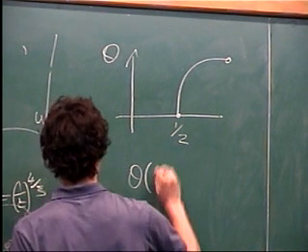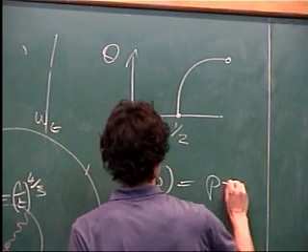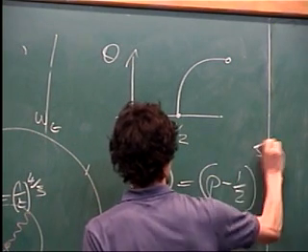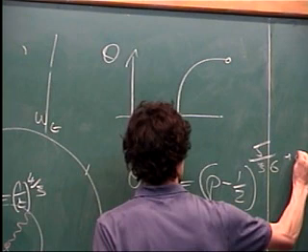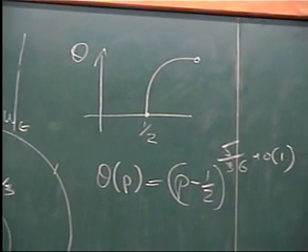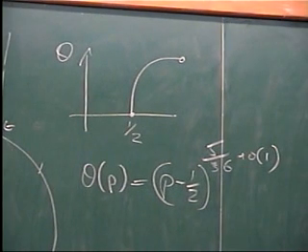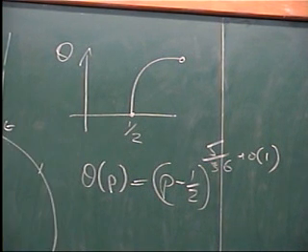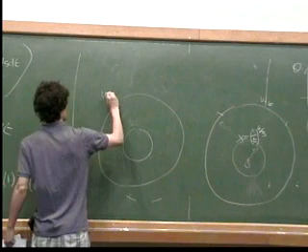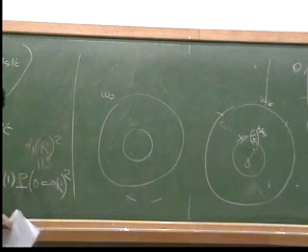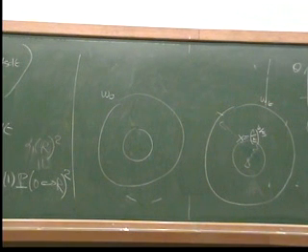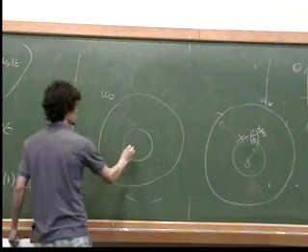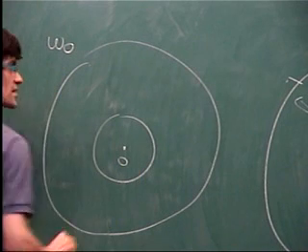Theta of p is p minus 1/2 to the 5/36. That's this exponent which makes the derivative infinite at the critical value. And actually, this 5/36 comes from the same kind of argument, where you start with a critical configuration, and you want to know what is the probability that 0 is connected to infinity at the probability p.